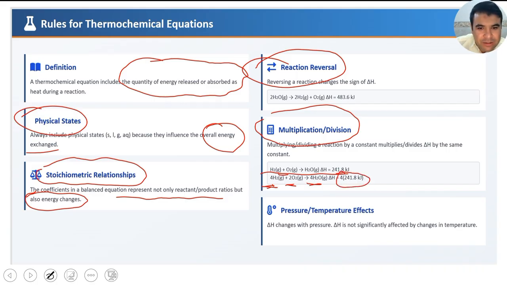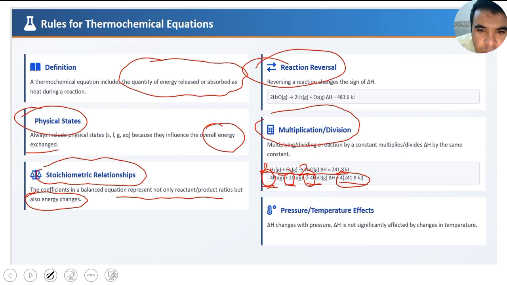Of course, the above equation should be 2 and 2 for a balanced equation, and then we multiply by 4. Multiplying by 2 to be 4, so it's going to be 4, 2, 4. So this should be multiplied by 4 as well. But this reaction should be edited a little bit.